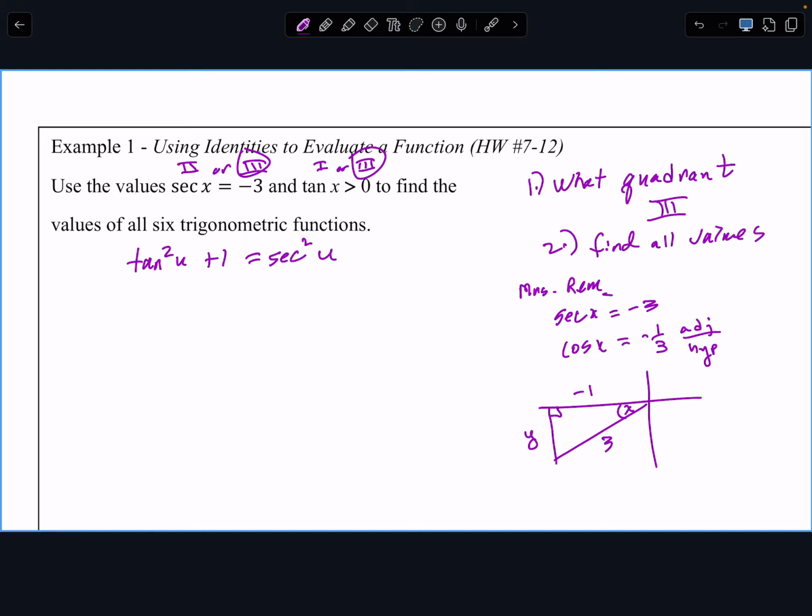And then this is my y value, and a squared plus b squared equals c squared. And I get y is plus or minus 8, which I'm going to write as -2√2 because it's in quadrant 3 and y is negative there.